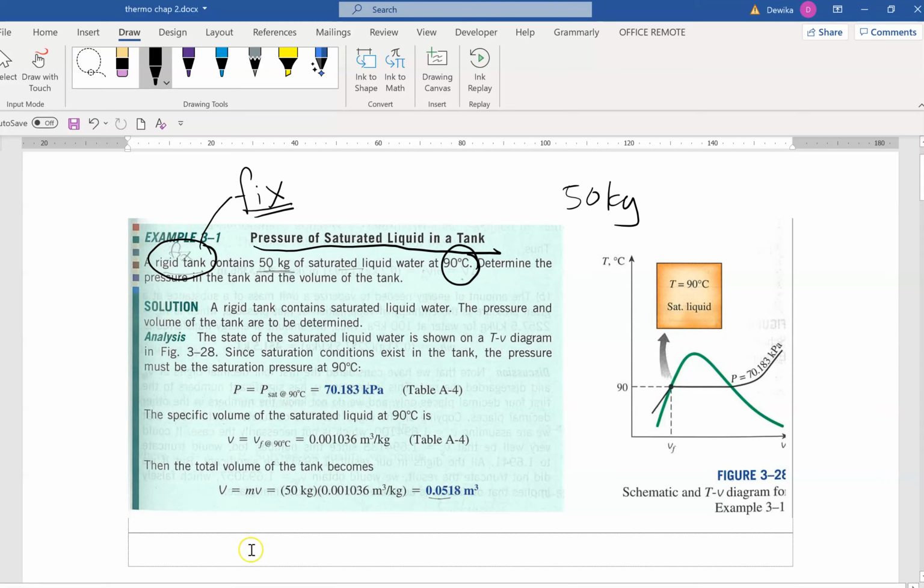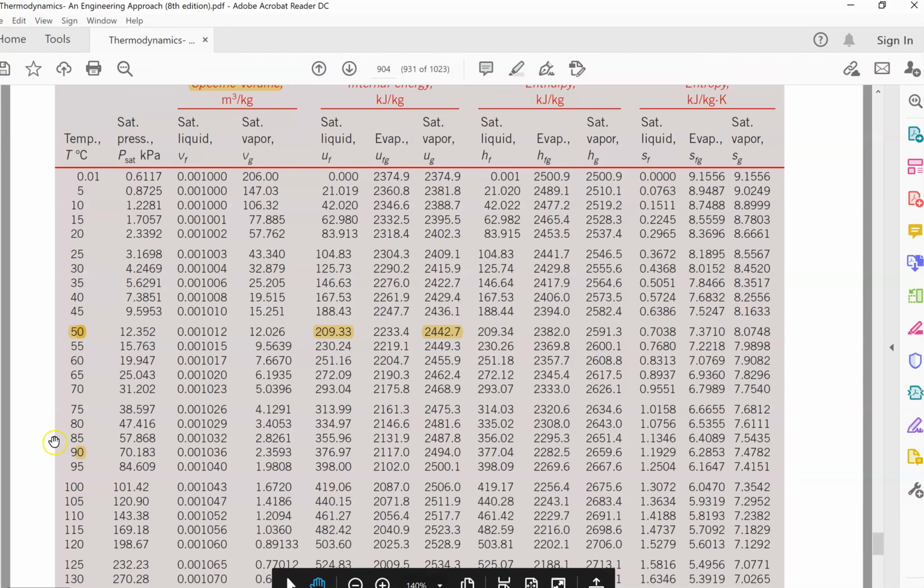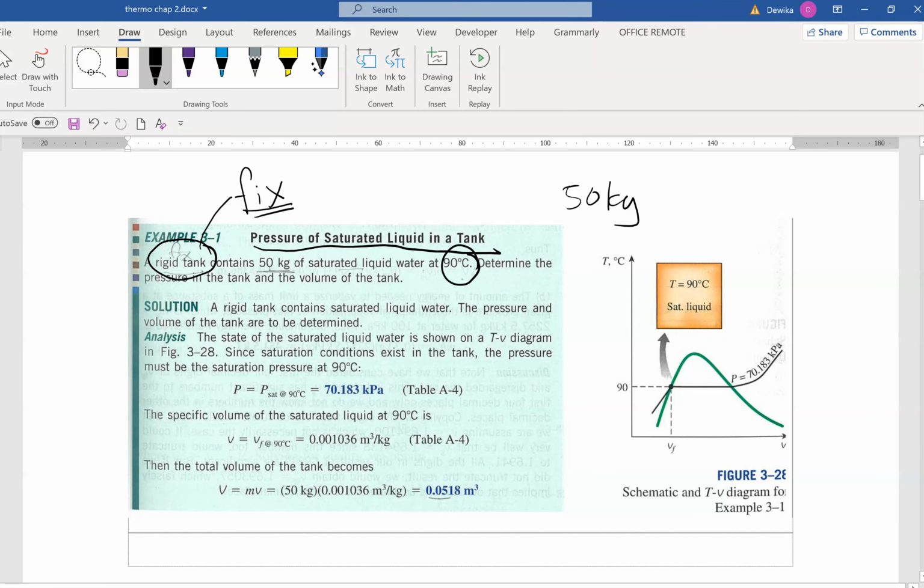They want you to read the pressure. So what is the pressure in the tank? Just read it as it is. The neighboring number here, 70.183. So 70.183 is the answer. That would be the pressure. Let's look at the answer. Yes, it is 70.183.